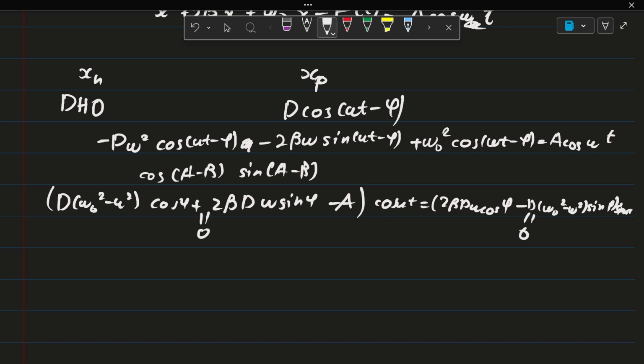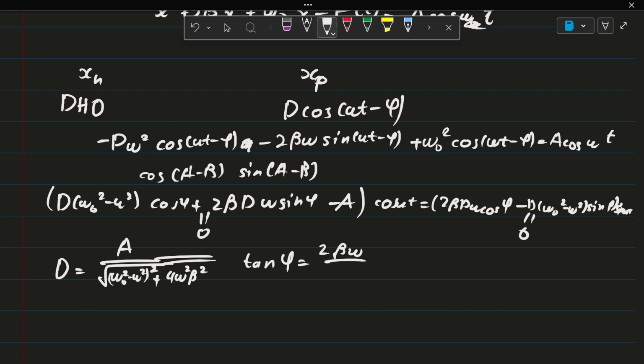Solving it, you get D to be A over the square root of omega 0 squared minus omega squared, everything squared, plus 4 omega squared beta squared. And for phi, it's going to be 2 beta omega over omega 0 squared minus omega squared.